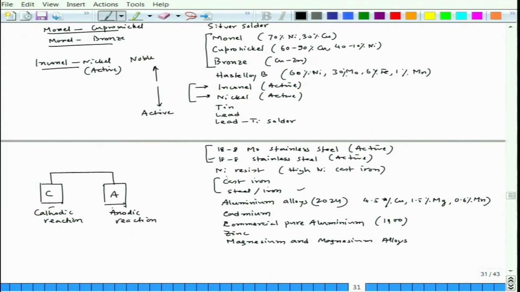And whenever we talk about anodic reaction, it is basically this one dissolving. Anode is nothing but M minus ne equal to Mn+. So, this ion is forming, which dissolves.